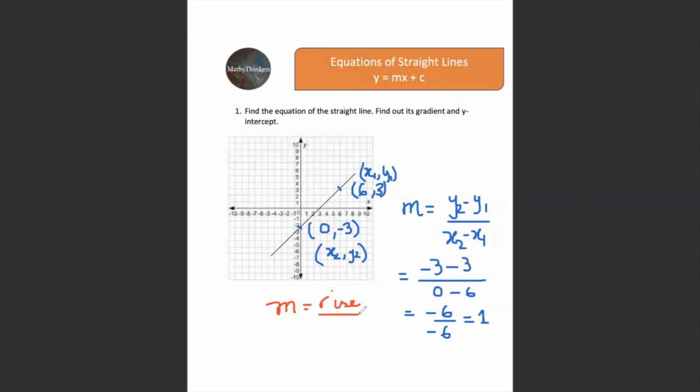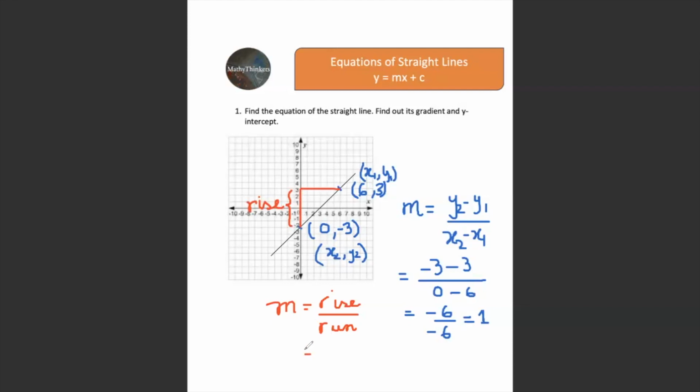So the rise means how much the graph has risen. That means a difference of the y's. So if we draw a triangle here, this is the rise, which is a difference of the y values there. So if this is 3 on the top and 3 at the bottom, that's 3 plus 3, that's 6.